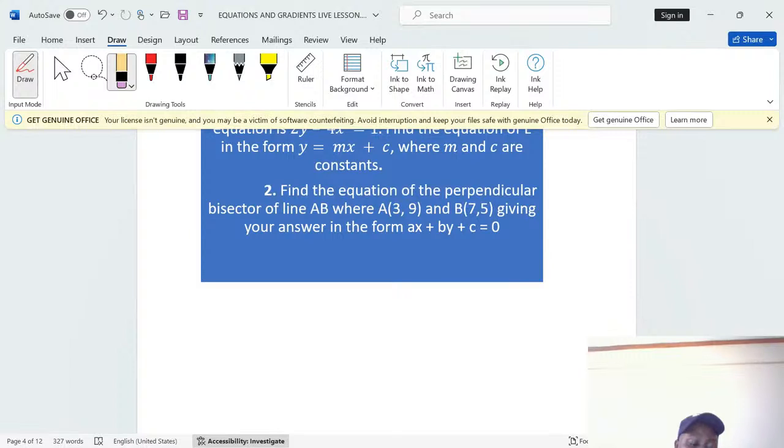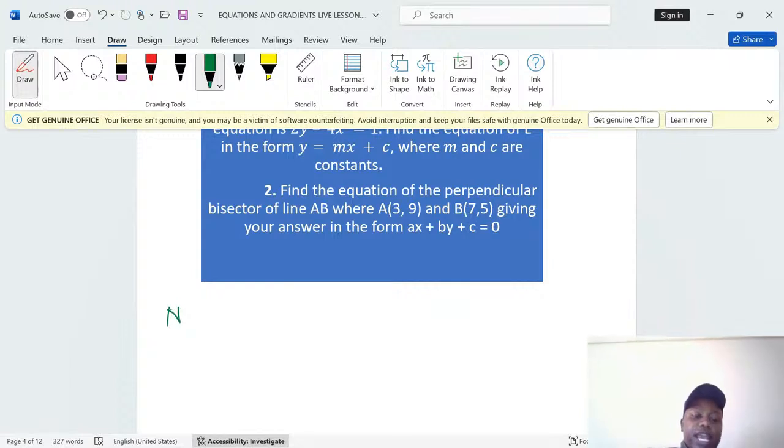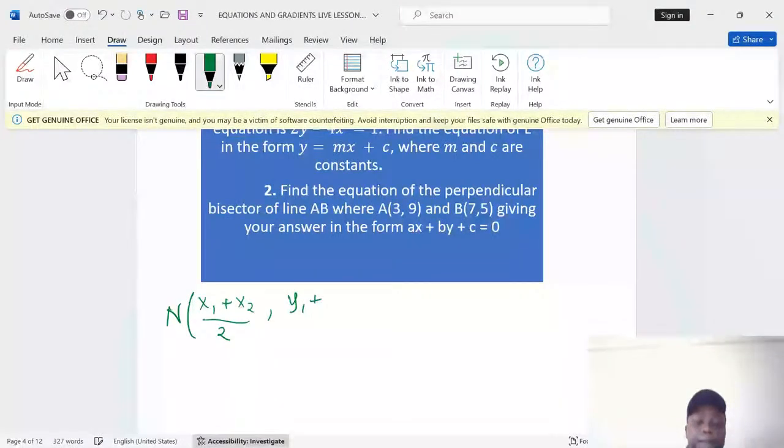So if the midpoint of AB is let to be N, then we can evaluate its coordinates. We get midpoints by taking the first x plus the second x, comma, the first y plus the second y, then we divide by 2.